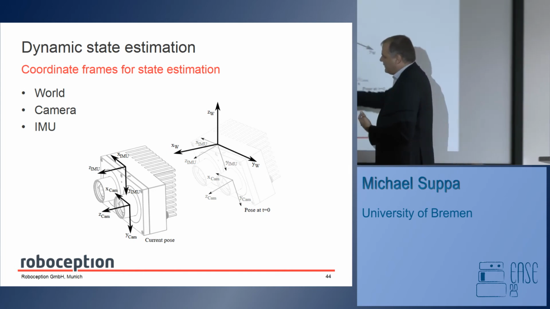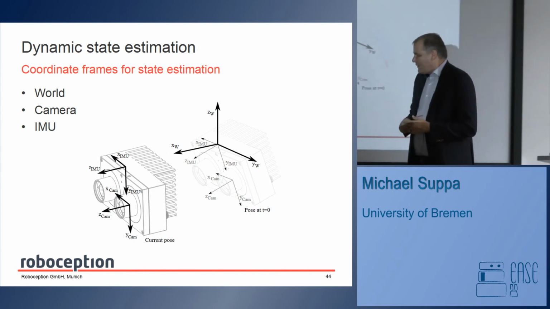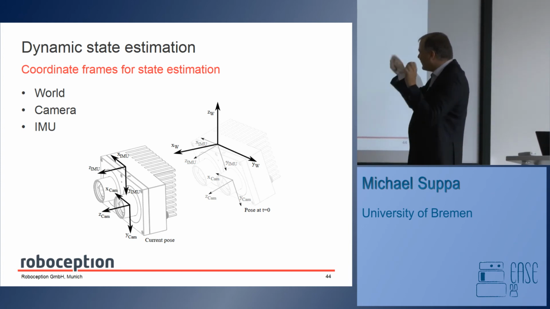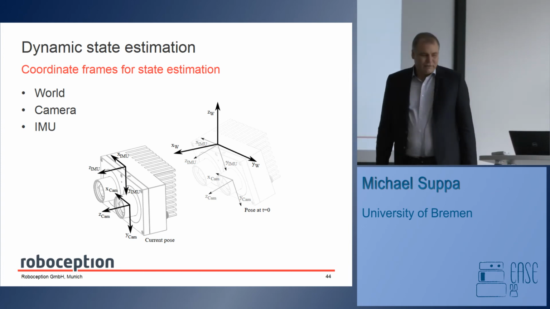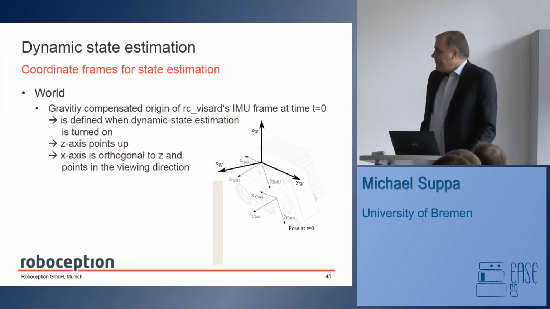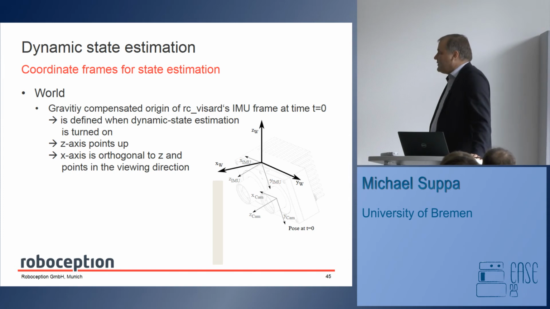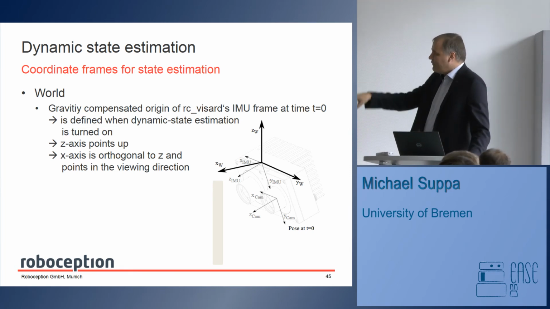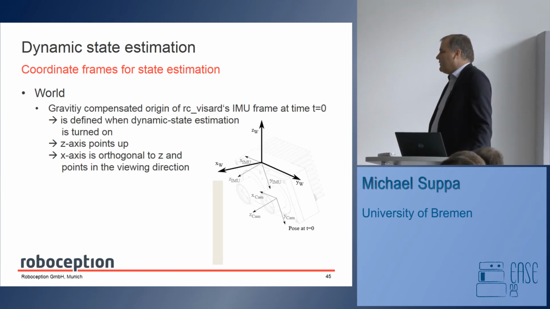Normally, in our case, the current pose is in the left camera, and the IMU coordinate system is where the IMU is placed, and then you have a world frame related to that. Then you have to do the gravity compensation and the origin so that they fit together, because you always need some initial state to start from. That just gives you a little bit of information on that.